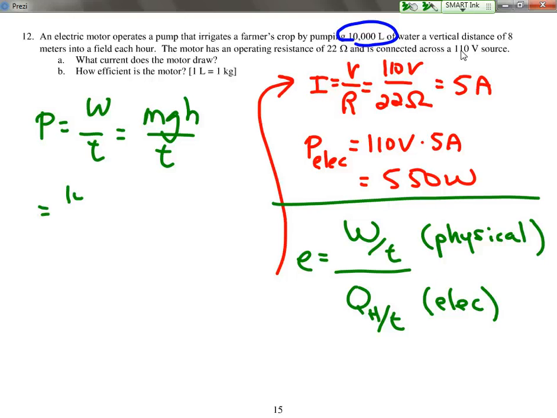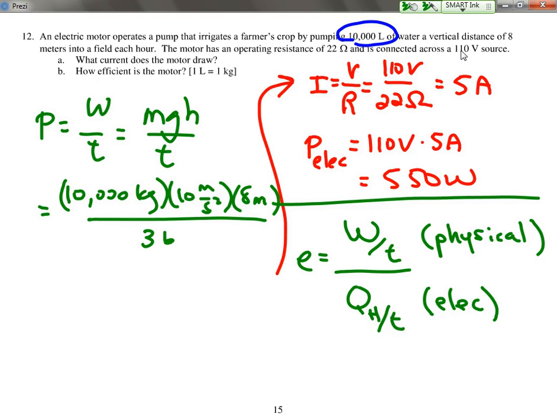So they raised 10,000 kilograms times 10 meters per second squared times the height of 8 meters divided by 3,600 seconds, and get a physical work over time equal to 222.22 watts.